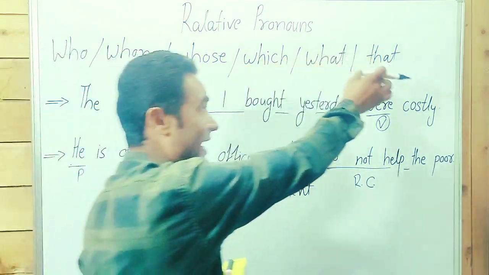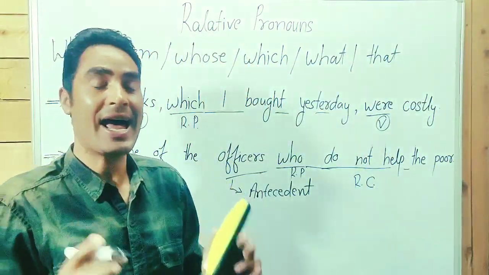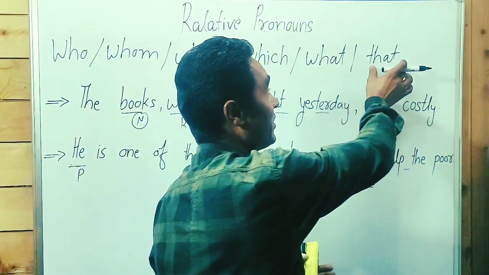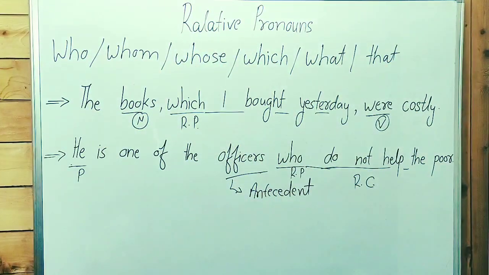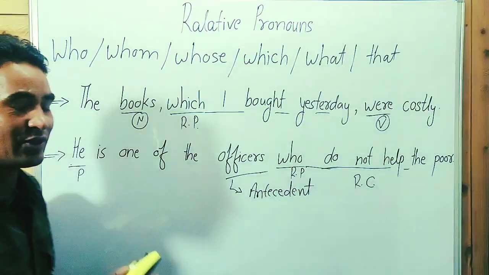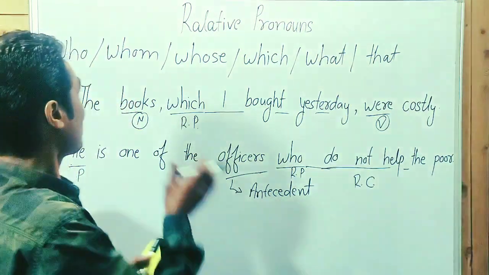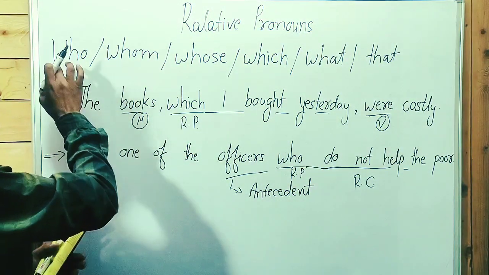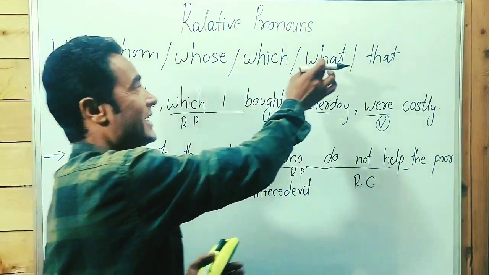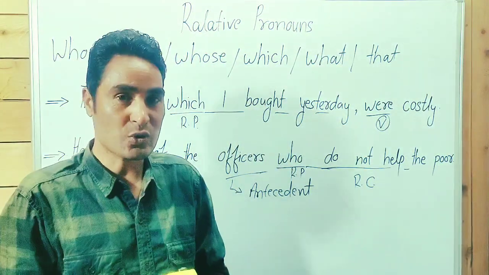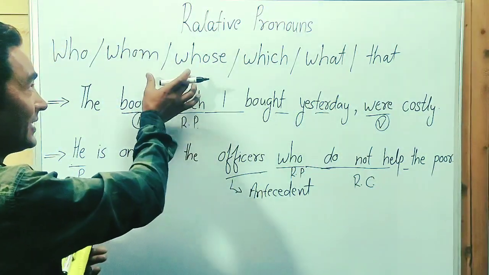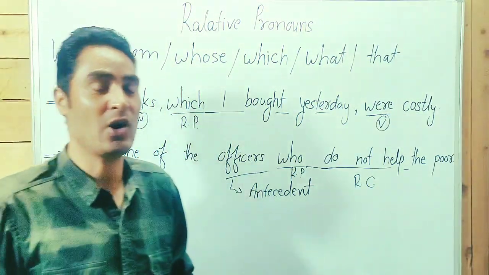"That" is not used as an interrogative pronoun; we can use it as a relative pronoun. So here, guys, point to be noted, listen to me. When we use who, whom, whose, which, and what to ask a question and get a noun as the answer, these are interrogative pronouns.